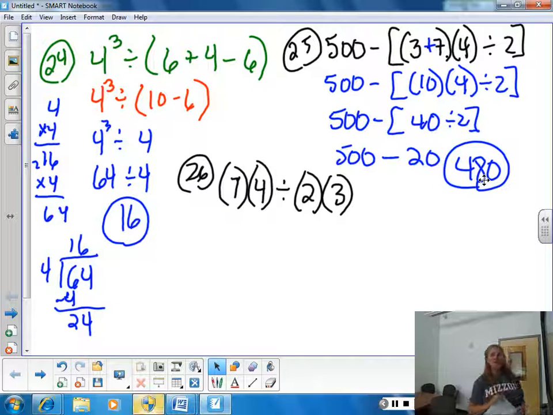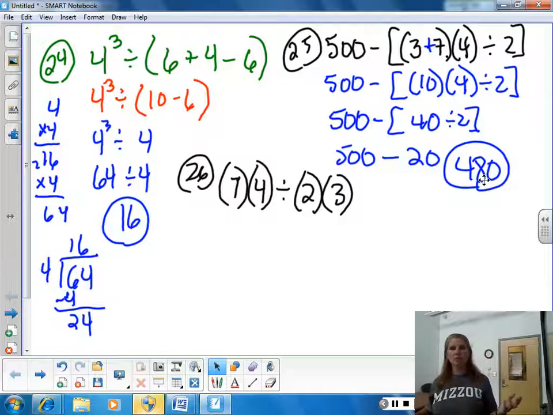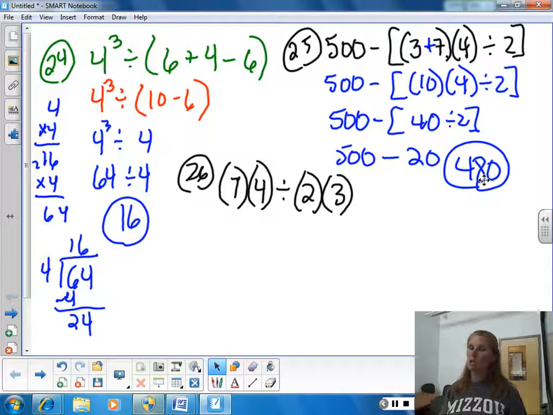This one's really tricky for people because they see all those parentheses and they say, well, aren't we supposed to do parentheses first? So we should do the 7 times 4, then we should do the 2 times 3. The answer is that the parentheses in this case don't have anything inside them. Look inside the parentheses. There's a 7, there's a 4, there's a 2, there's a 3. There's nothing to do inside those parentheses. So all these parentheses are telling us is to multiply.